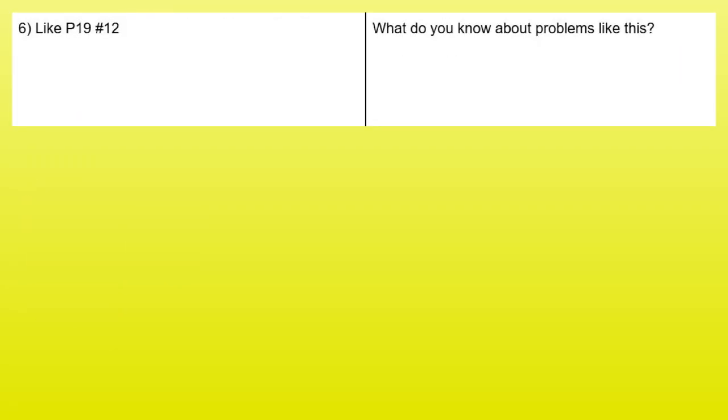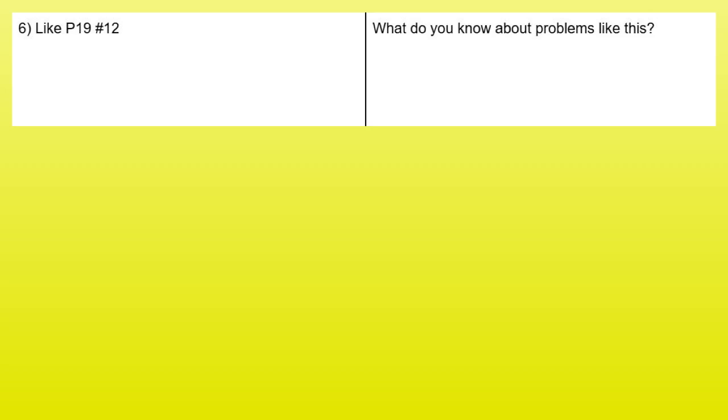All right, your last question on the quiz is going to be like page 19, number 12. So it says, Dina says that 9.565556 is a rational number because it has a repeating pattern. Do you agree? And explain. And I want you to be very careful that I don't trick you.